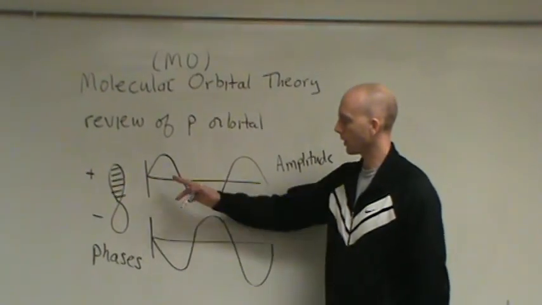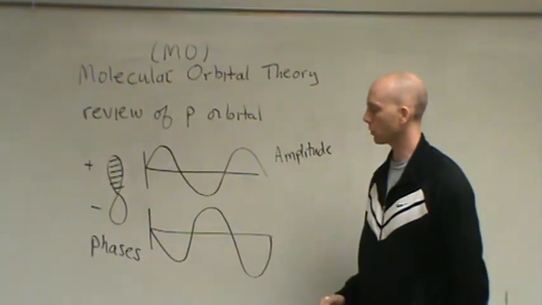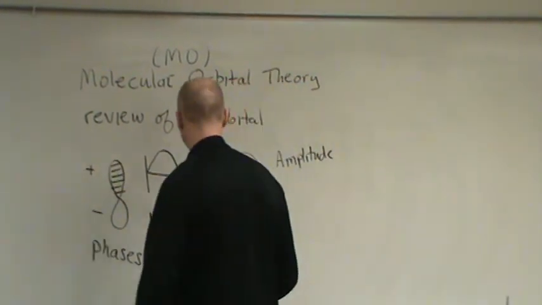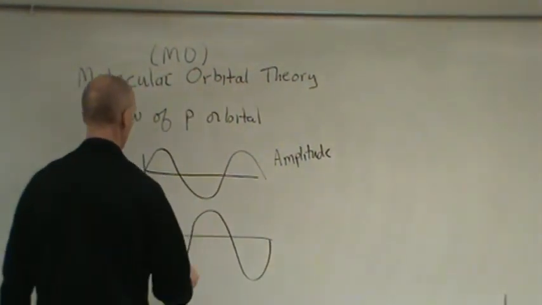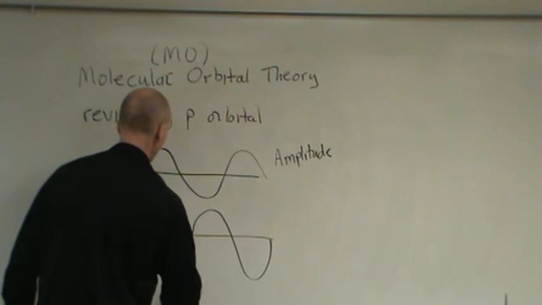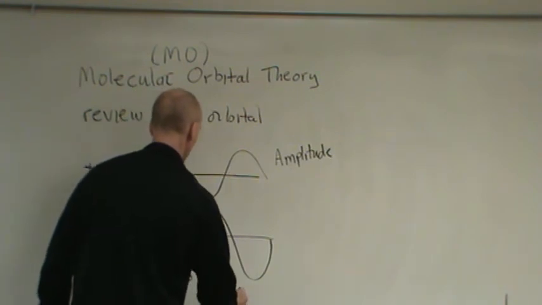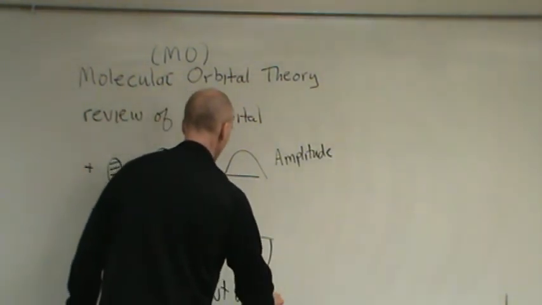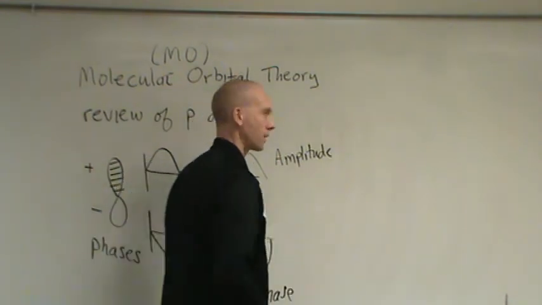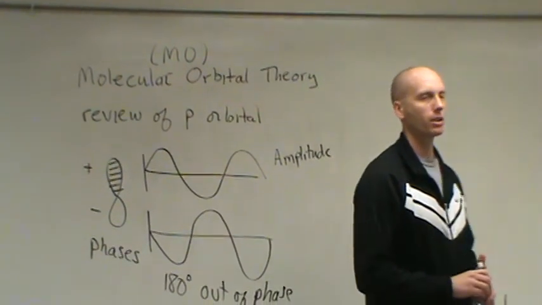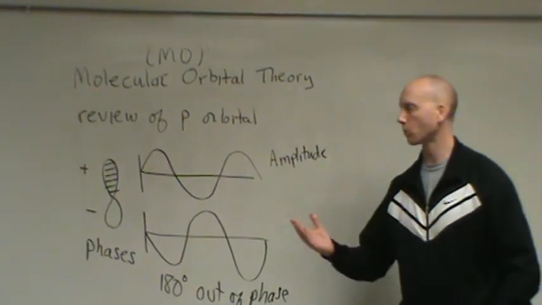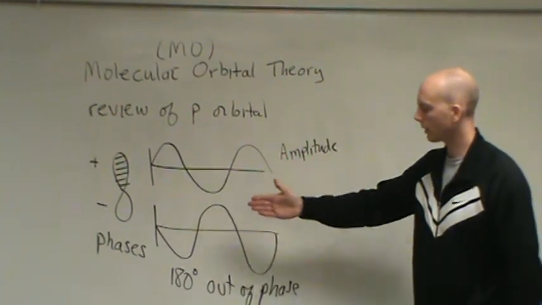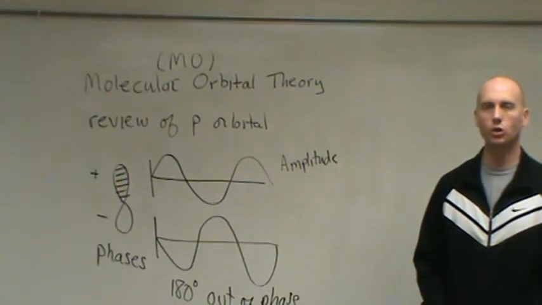Here we say that these two phases are 180 degrees out of phase. They're 180 degrees out of phase when one amplitude is up and the other amplitude is down.